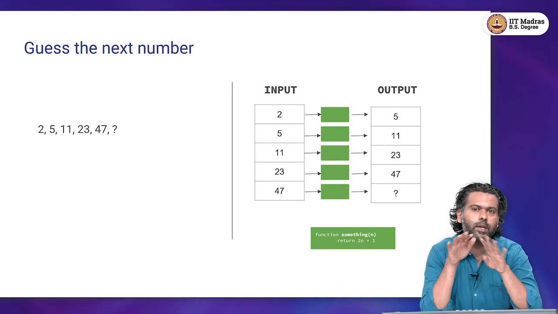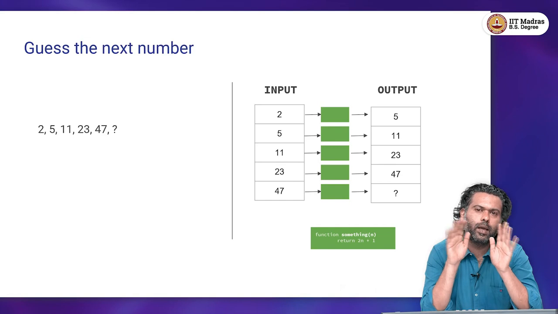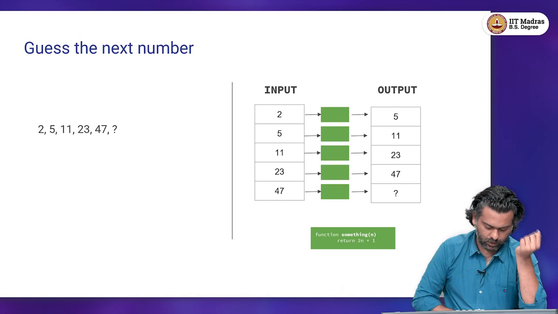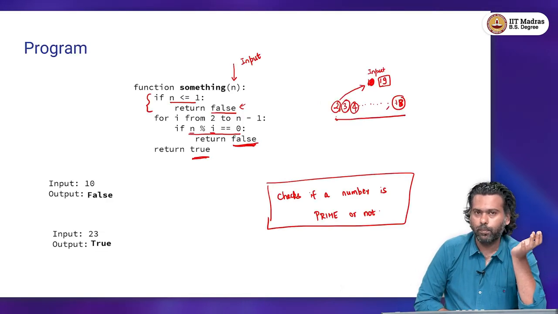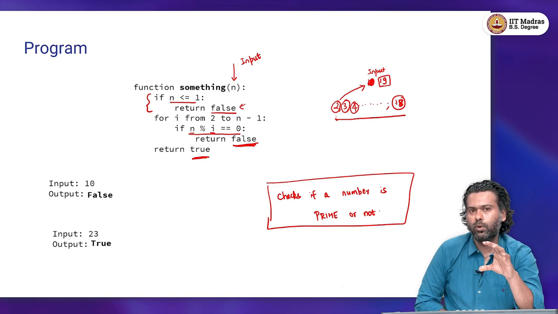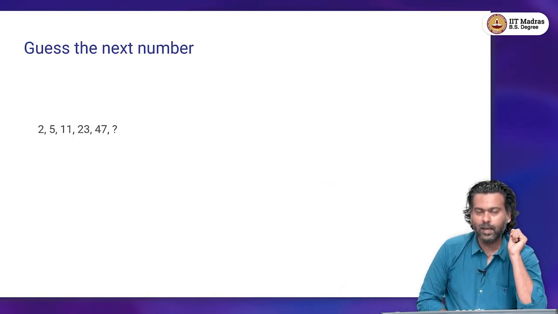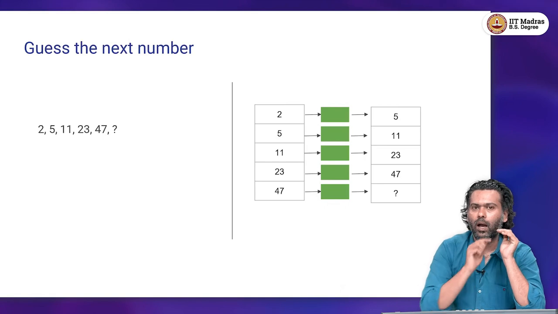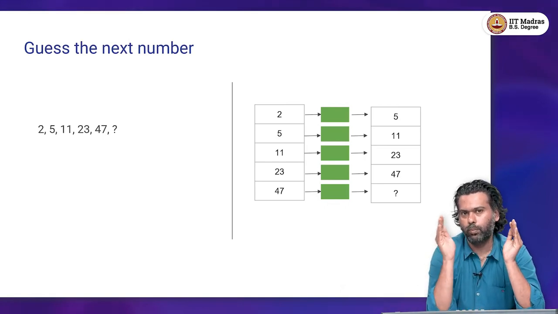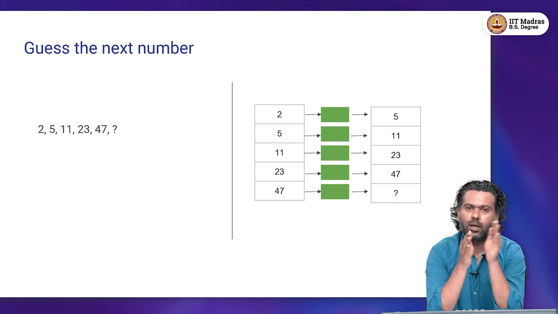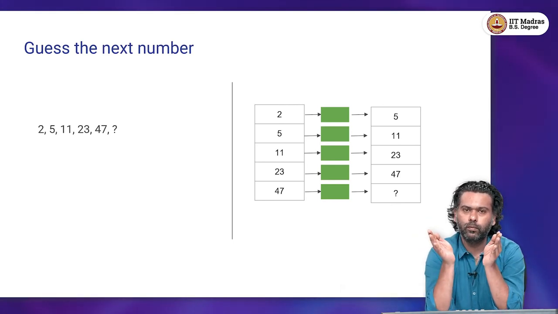Now, we have seen two different types of doing things. In the first case, I gave you the program and the input and asked you what the output is. In the second case, I gave you the input and output pairs and asked you what program can convert the input to output.